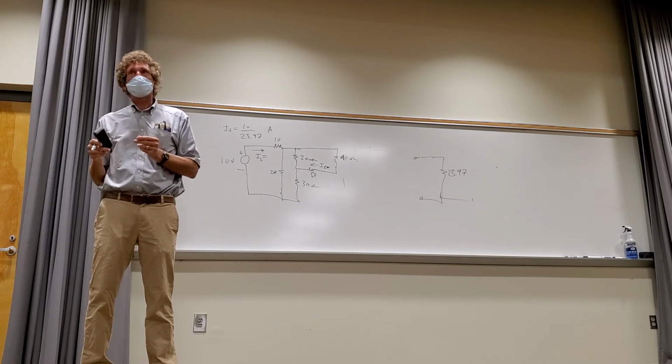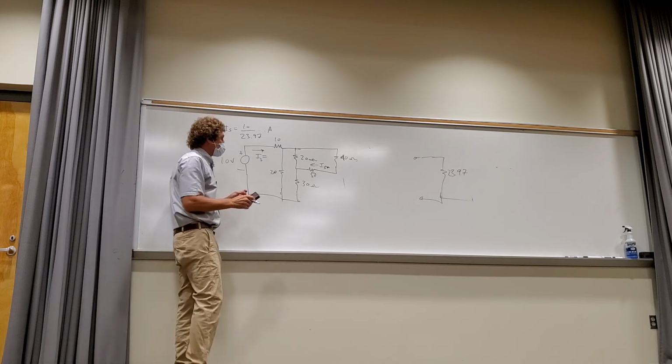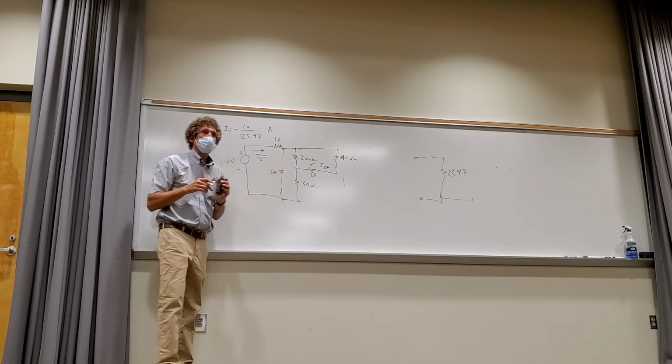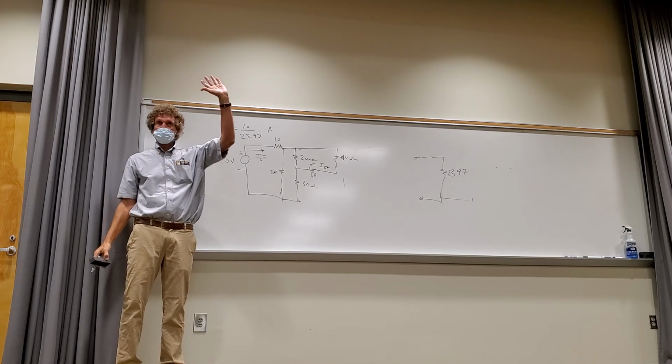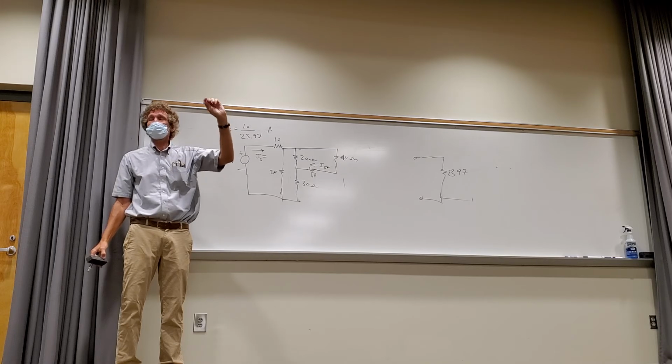I want to show you how to do this problem. Once I have that current, do you notice that all that current has to go through the 10 ohms? That means we can find the voltage across that 10 ohms, can't we? I didn't even get into the sum of the voltages around a closed loop of zero.